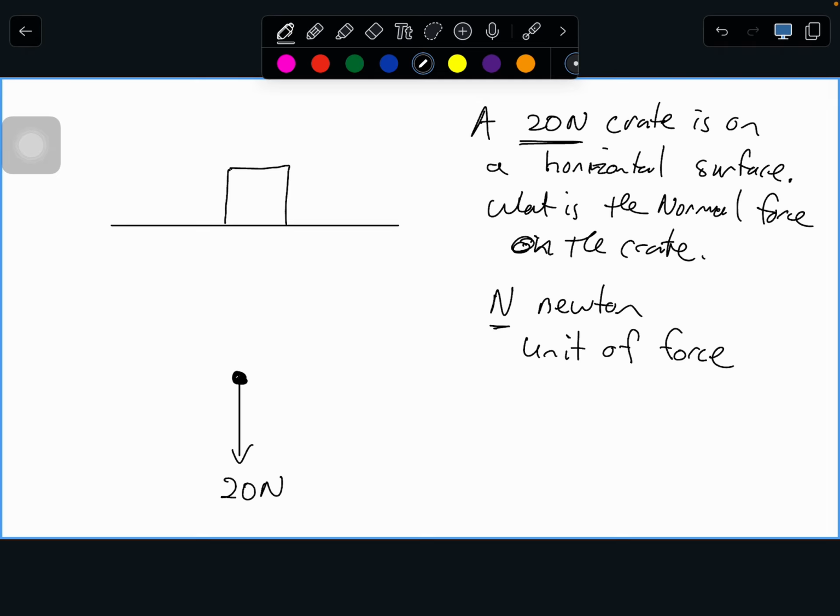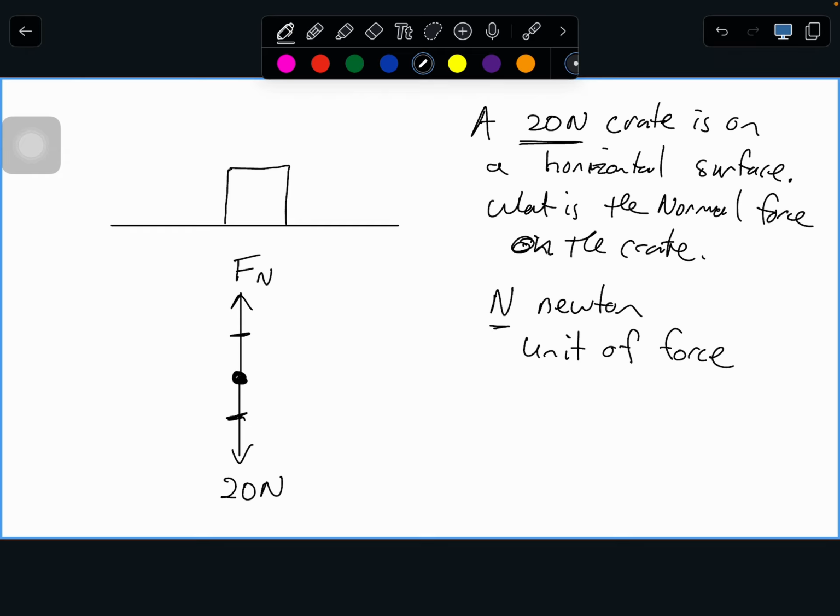So if I draw an arrow upward representing the normal force, the question is, how big do you want to do it? Do you want it really small, or do you want it really big? Well, you want it around the same size as the other one, because these forces must balance. And we're going to call this normal force.